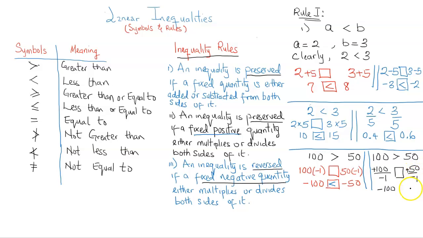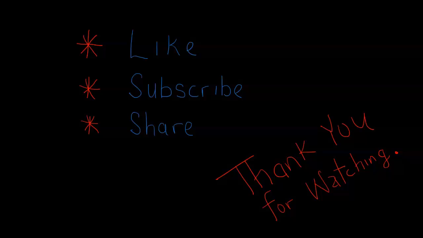Similarly, 50 divided by -1 is -50. So it's so obvious that -100 is less than -50. So we can see that multiplying or dividing both sides of an inequality by a fixed negative quantity reverses the inequality.